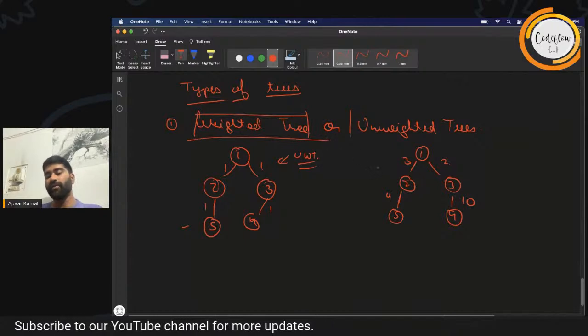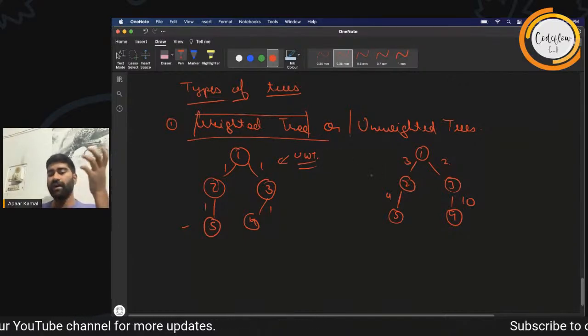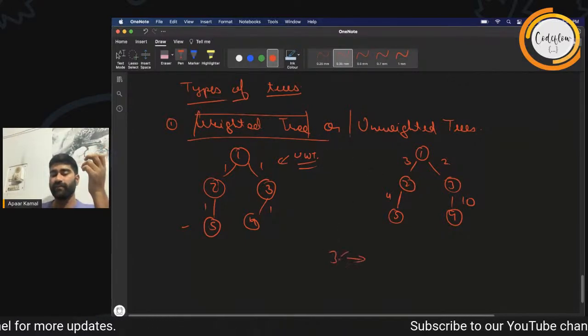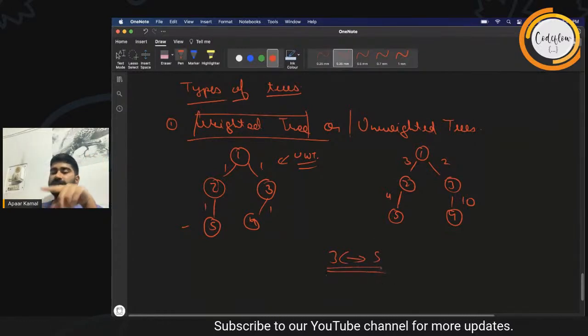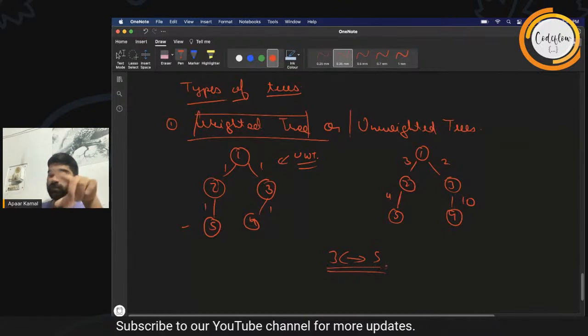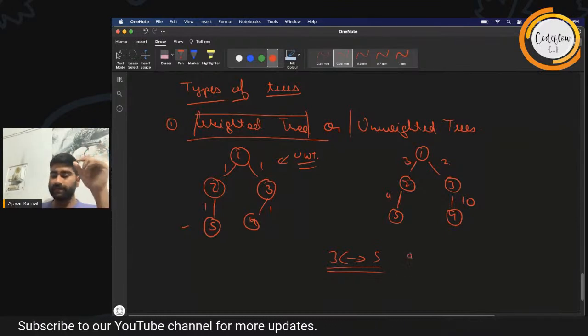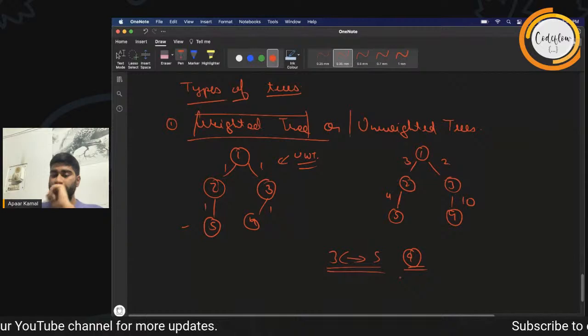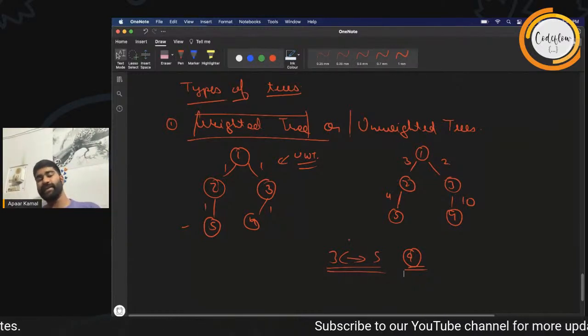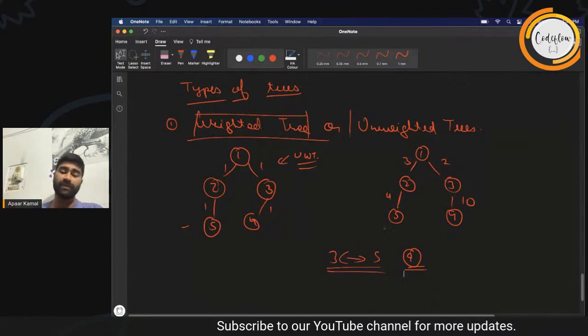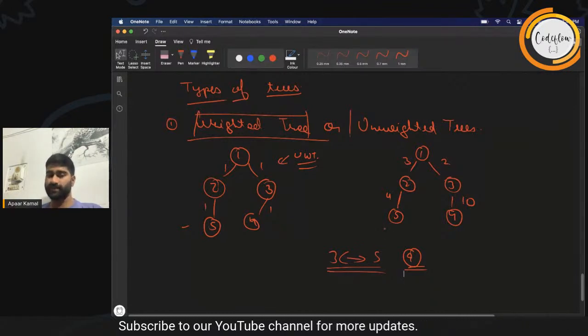Cool. So now if I ask how far 3 is from 5, what's the distance between 3 and 5? Then simply the distance between 3 and 5 is 2 plus 3 plus 4, which is 9. Cool guys. So I hope this part is clear, that trees can be classified on the basis of the weights on the edges, right?